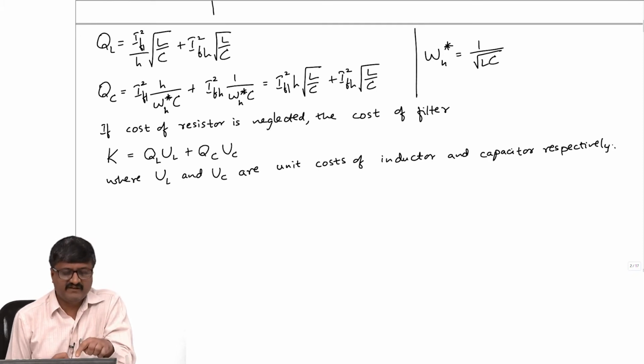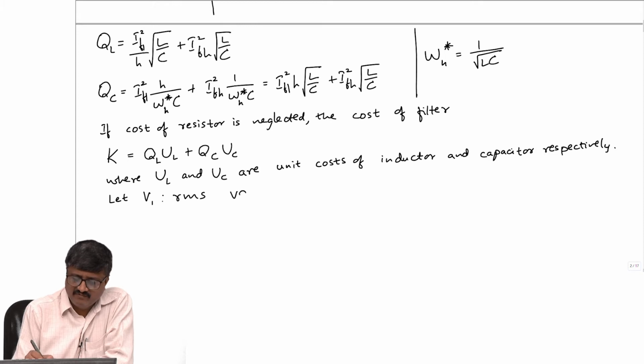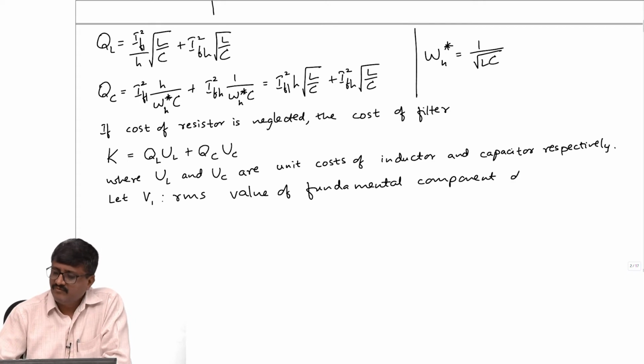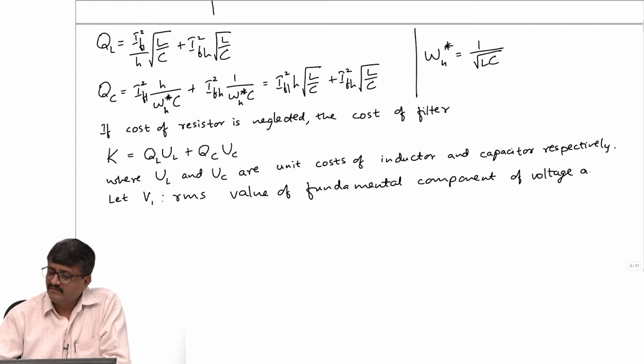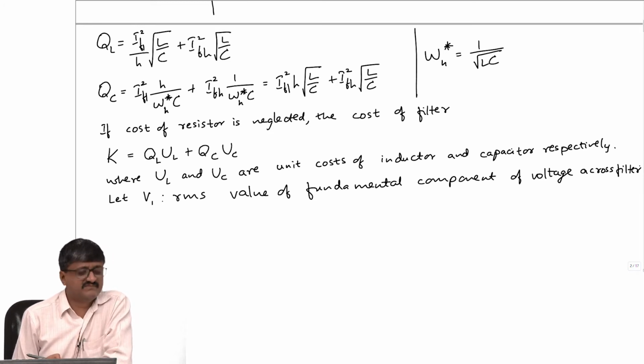Essentially we want L and C. Suppose V1 is the RMS value of the fundamental component of the voltage across the filter.